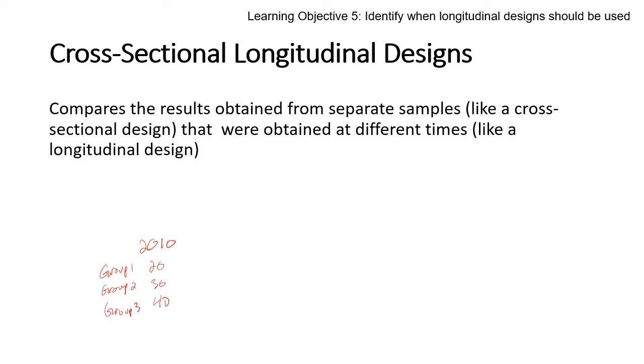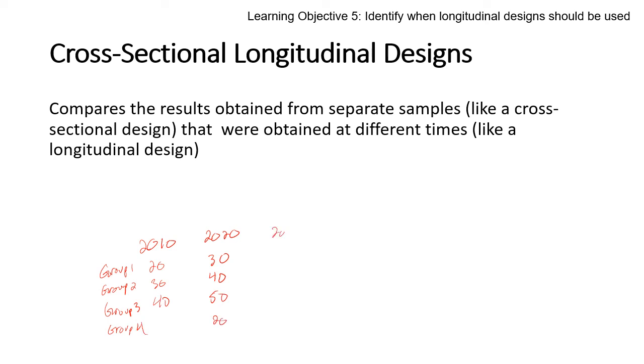Now, in 2020, we go back to these same participants. We're doing longitudinal now, but we're also doing cross-sectional because we're looking at multiple different groups. But now we measure group 1 in their 30s, group 2 in their 40s, and group 3 in their 50s, and we're going to add a group 4 that are in their 20s.